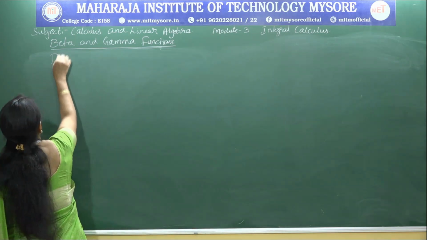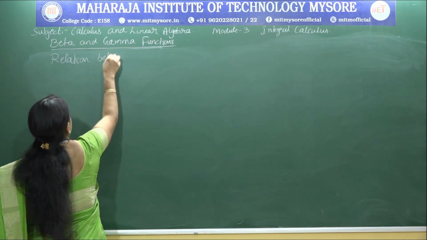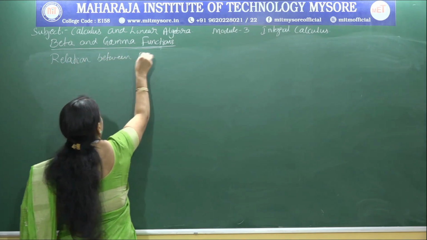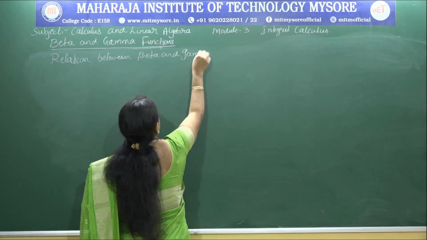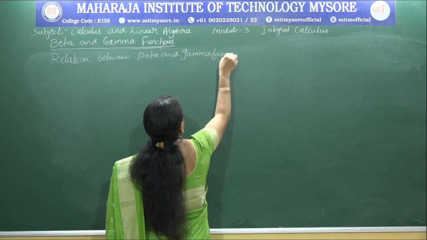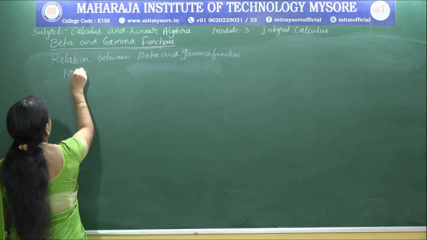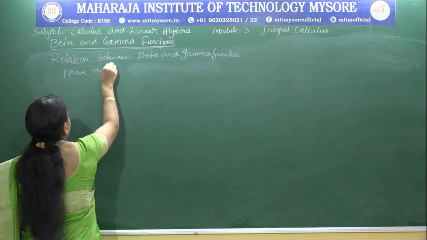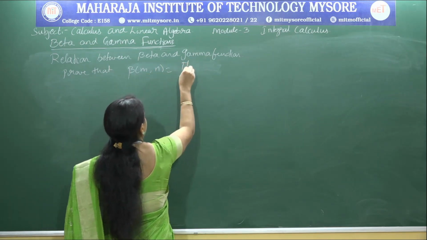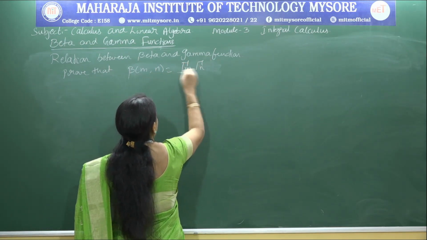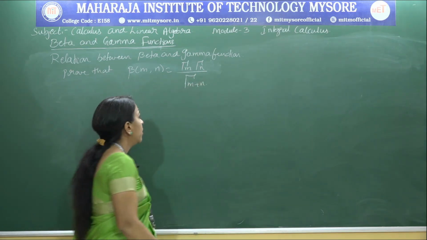So the relation between beta and gamma function, that is, prove that beta m comma n is gamma m into gamma n by gamma m plus n.